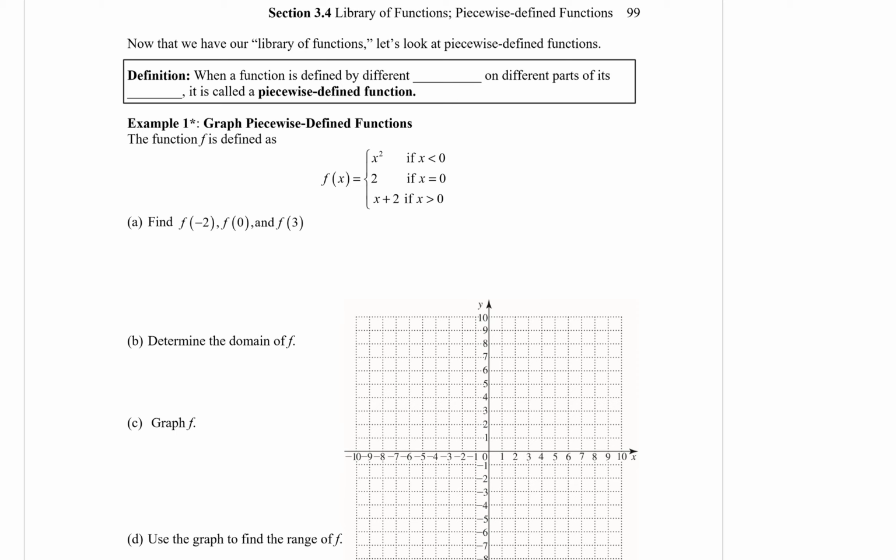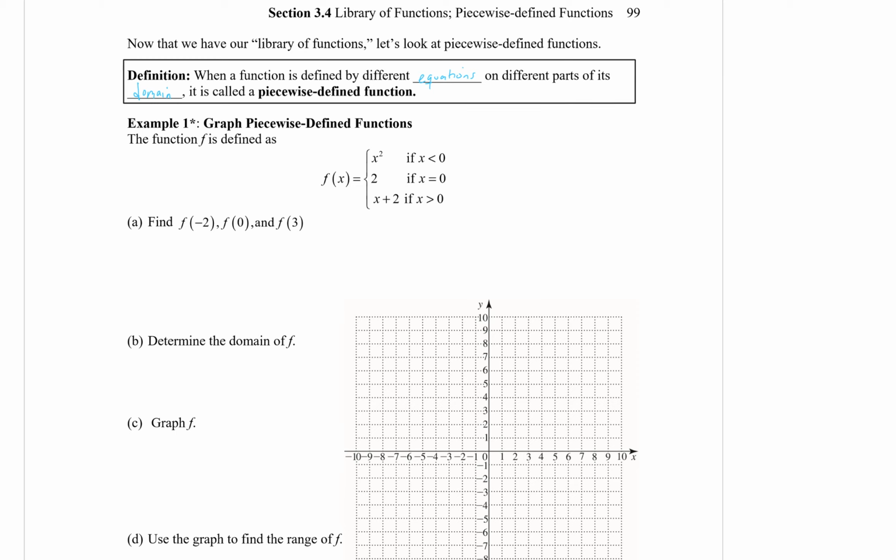That's exactly the same thing happening for equations, okay? A piecewise equation is when a function is defined by different equations on different parts of its domain. And that's called a piecewise function.